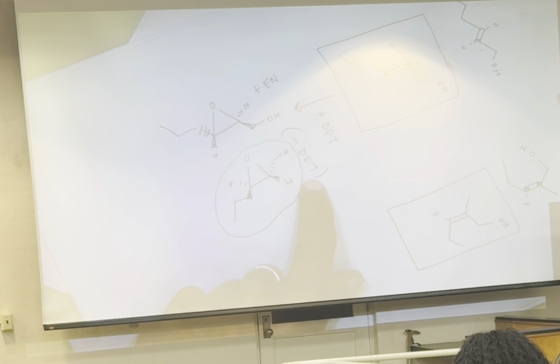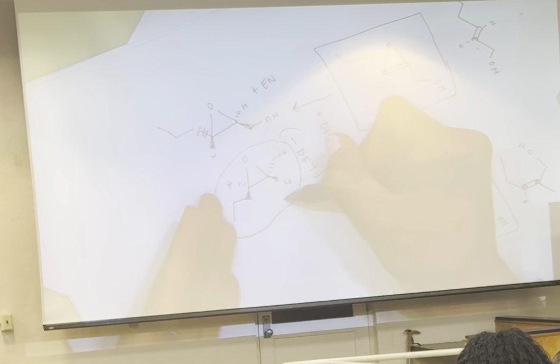So this thing is going to come in the front, and that is the only product you make if it's minus DET. So my advice is do everything exactly the same, whether it's plus or minus, except if it's minus, in the last step, translate it into its enantiomer.